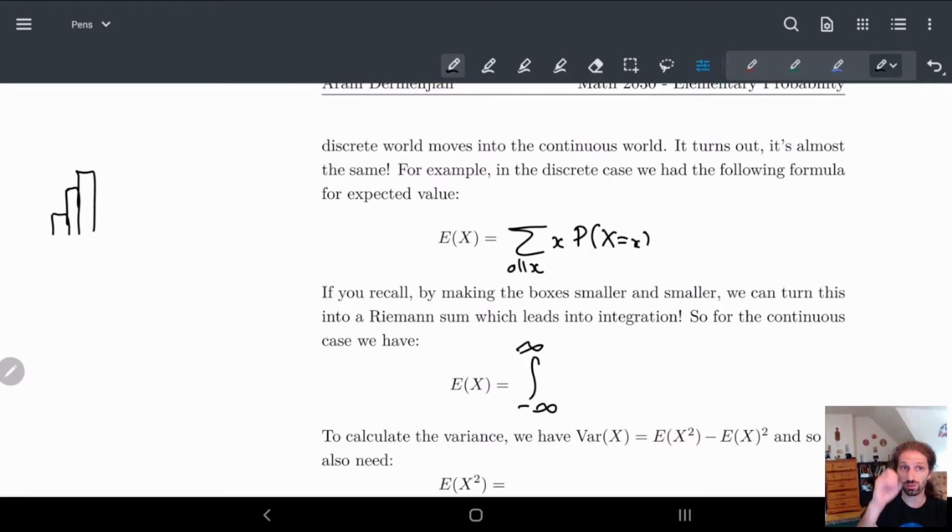Remember, the integral sign is just a big S. It's the long S. This is the English long S, and it no longer exists in English anymore.